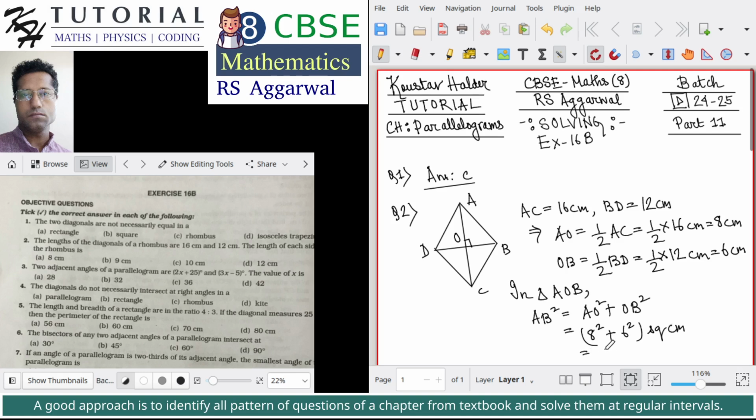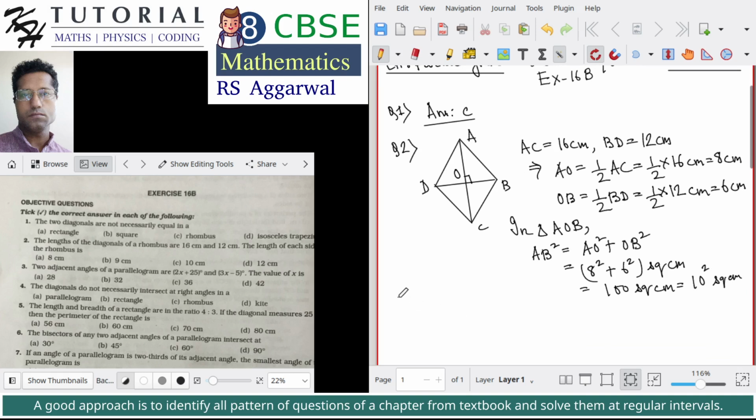This is equal to 100 square centimeter, which can be written as 10 square centimeter. So this implies AB will be equal to 10 centimeter. So the length of each side of the rhombus is 10 centimeter. So the correct answer is choice C.